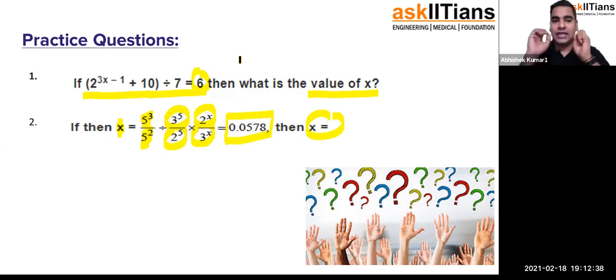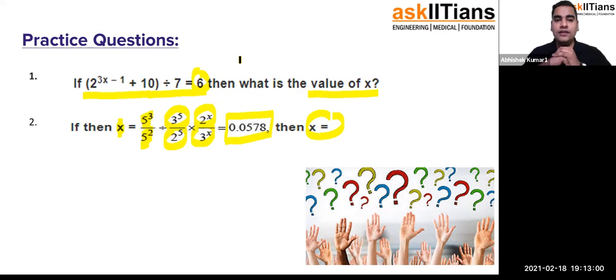So let us quickly go through what we discussed in today's session. In today's session, we discussed what is exponent, what is exponential form, and what are the different terms that we have in this exponential form. We also learned how this topic, that is exponents and power, relates to our real life. That is one of the important things.